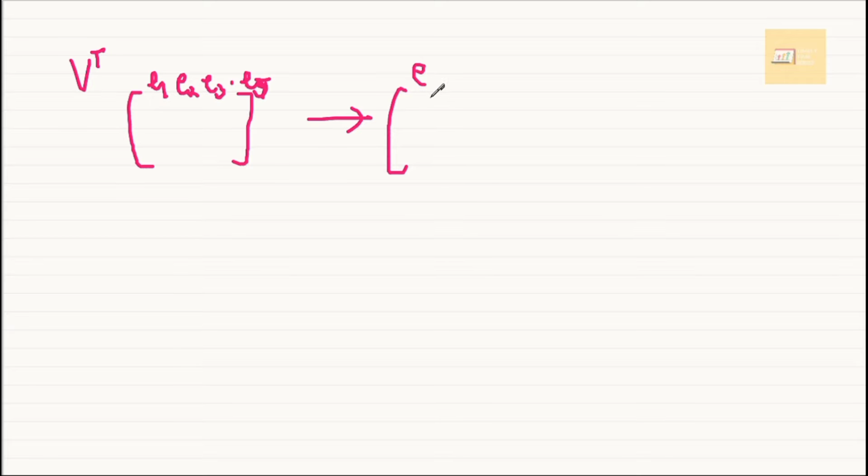So let's say that perhaps the most important eigenvector turned out to be the third eigenvector. So E3, and then E1, E2, and then E4, and then E5. Let's say it's like that. And for the rows, they are not changed. So it's still n1, n2, n3, n4, and n5.